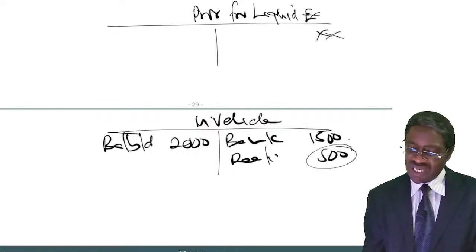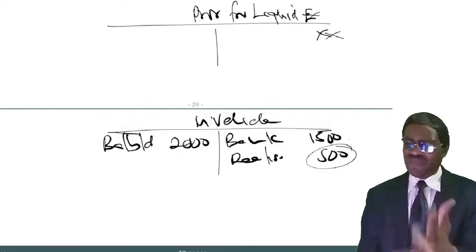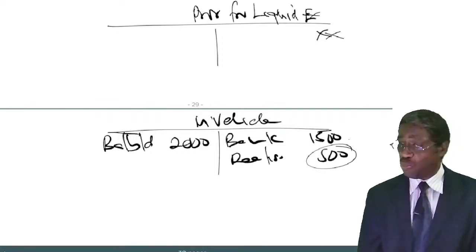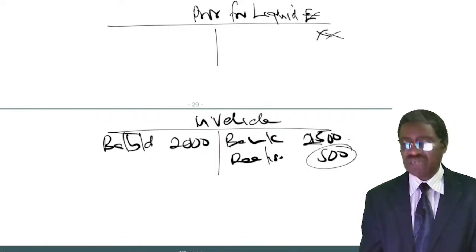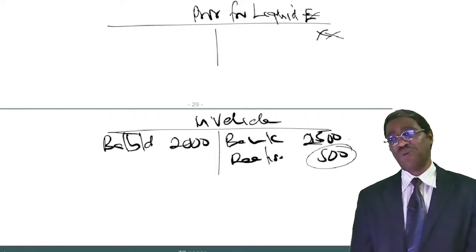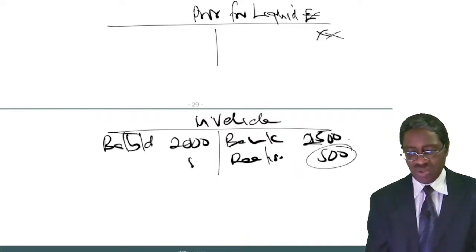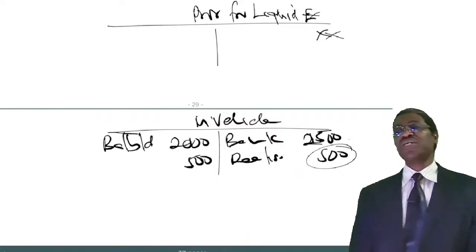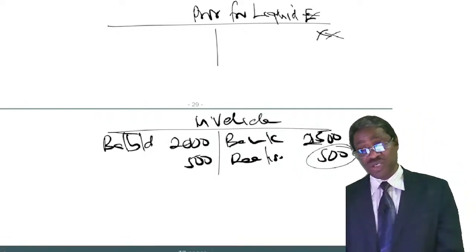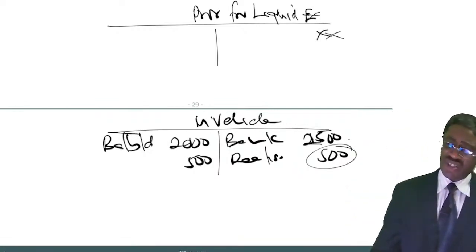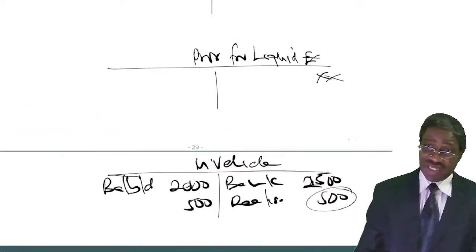I will debit realization. If the question told me I sold it for 2.5 million, meaning I debited bank, I credited motor vehicle by 2.5, then I sold it at a gain. That gain, I will debit motor vehicle and I will credit realization. Good. That's all, that's entry number 5. What is that entry?